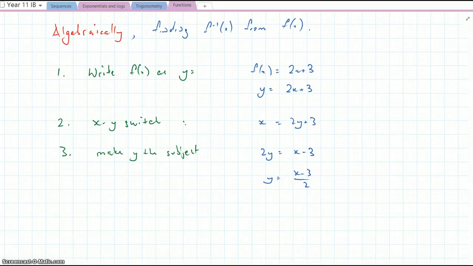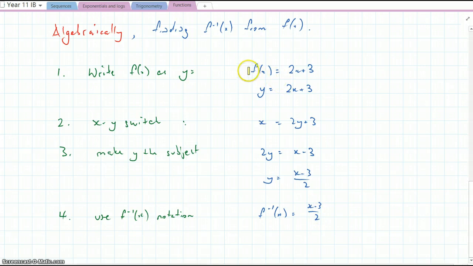And the last thing to do, so we've got our inverse function now, use f minus 1 of x notation. So we just rewrite that y now as f minus 1 of x equals x minus 3 on 2. So the original function is there, and the inverse function is there.